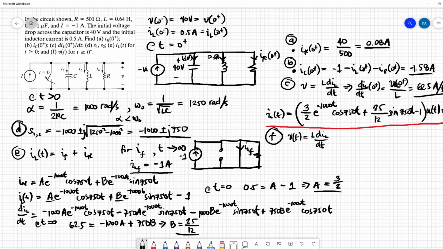Getting the derivative of this equation, IL of t is this equation right here, and plugging in the values of A and B, you will get the expression for V as 40 cosine 750t minus 1160 over 3 sine of 750t, u of t volts.